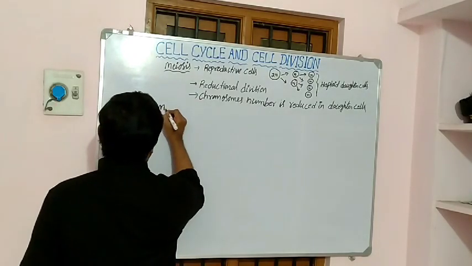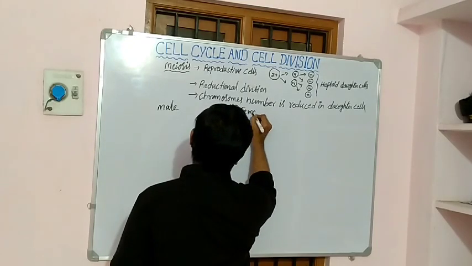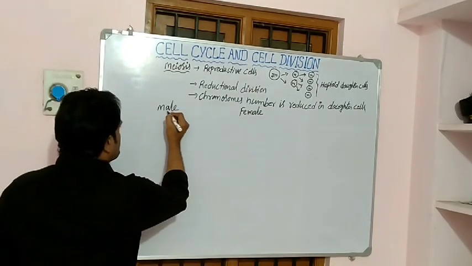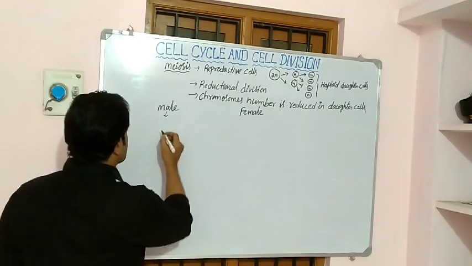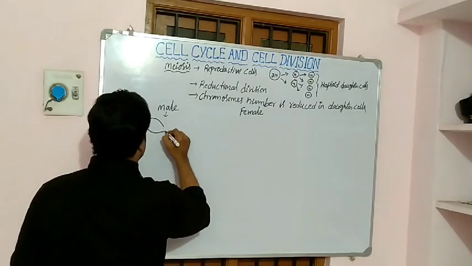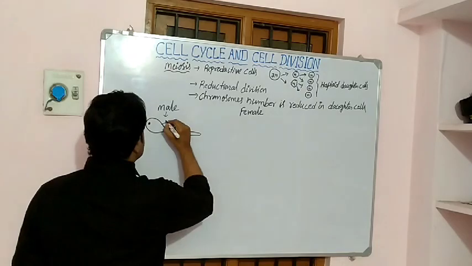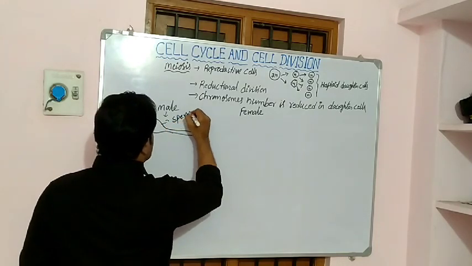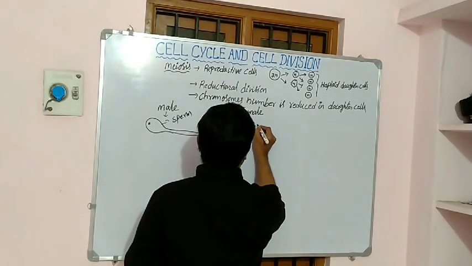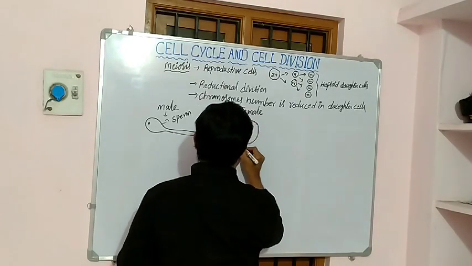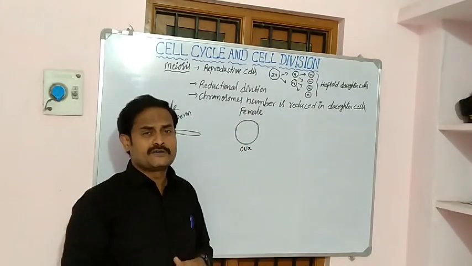They are the male reproductive cell as well as the female reproductive cell. You know very well the male reproductive cell is the sperm cell. See, this is a sperm. So sperm is a male reproductive cell. What about female? Ova. So ova is a female reproductive cell.